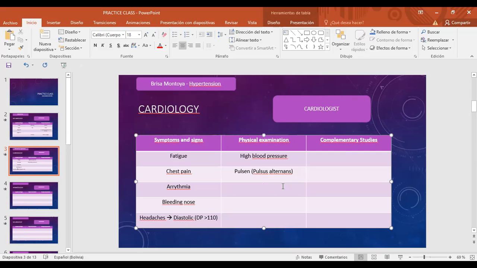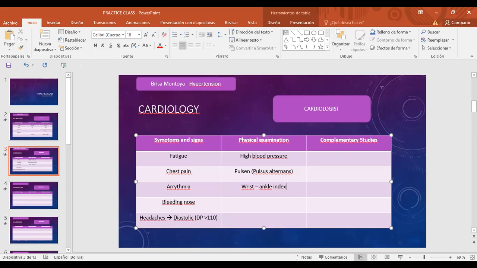Have you ever read about the wrist, ankle index? No. Okay, you're going to tell me tomorrow.